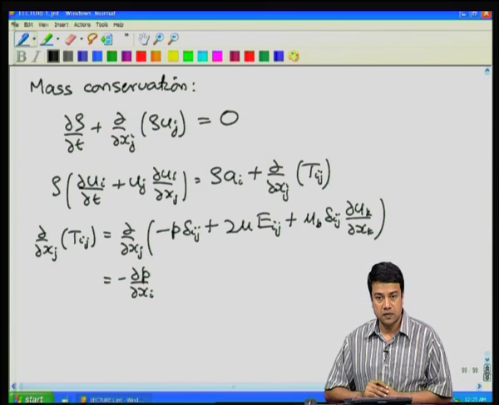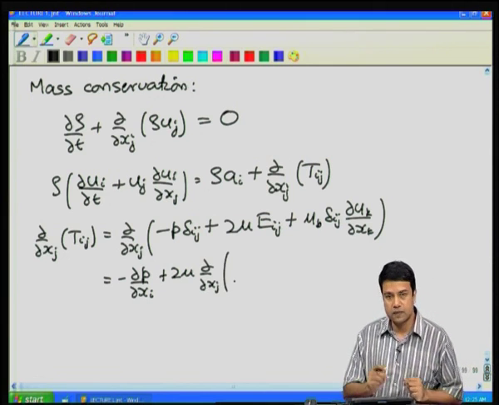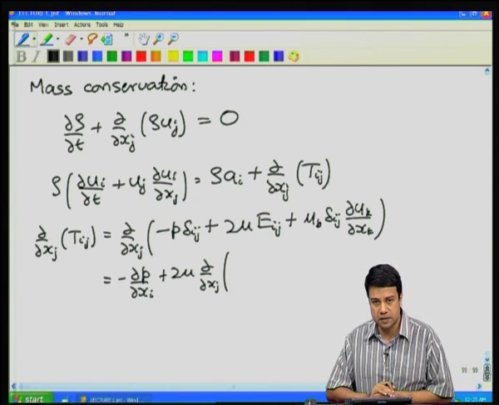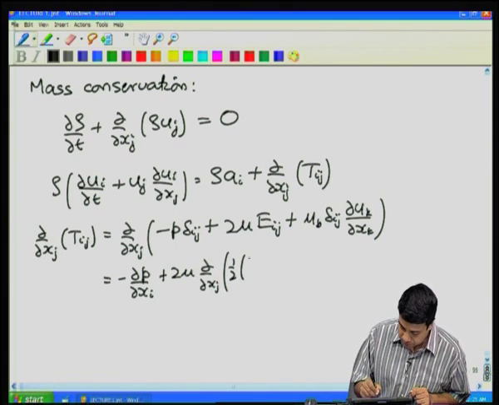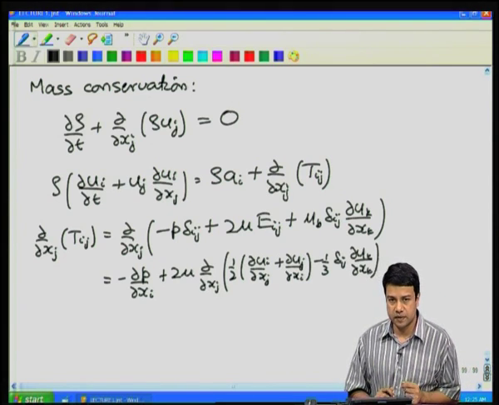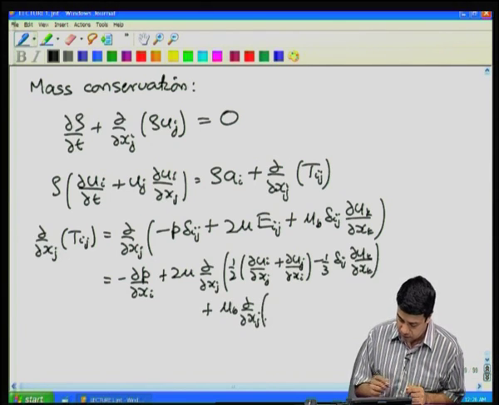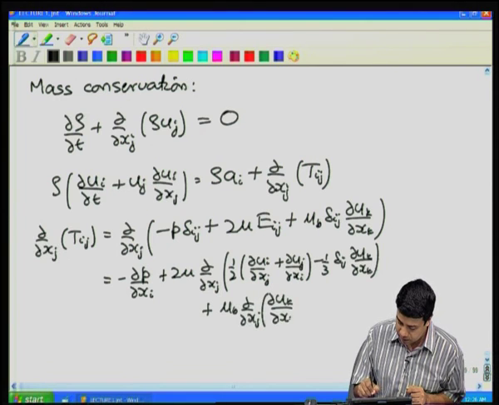If the viscosity is independent of position, then the second term becomes 2 mu partial by partial x_j of the symmetric traceless part of the rate of deformation tensor, and of course, I have this other term here which is mu_b partial by partial x_j of partial u_k by partial x_k.